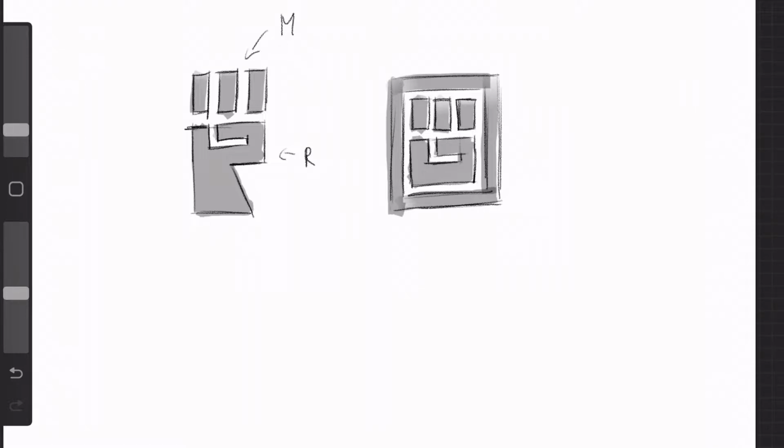And we have a variation on the right-hand side, which is just the fist without the wrist, and it has the cardboard, or the game board, just around it as a contour or an outline. So let's jump from here into Illustrator and make a nice logo out of it.